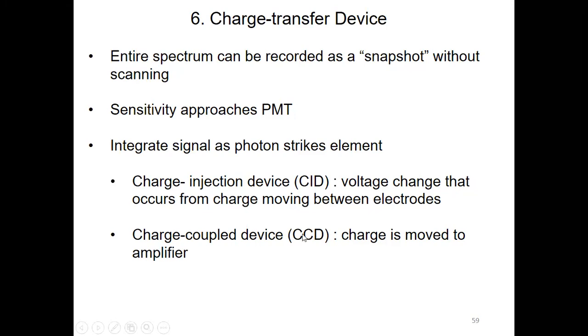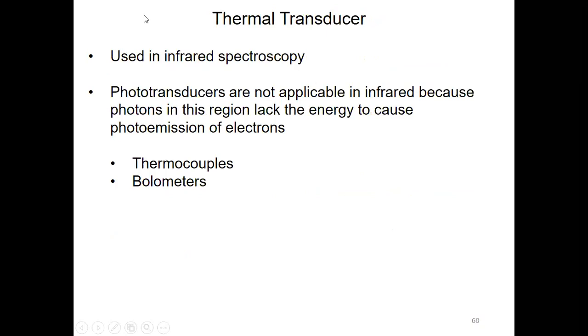And in the charge coupled device, the charge is moved to an amplifier. There is an amplifier and the charge is moving. I am not going to discuss these detectors in detail, but what you can keep in mind is that there are two types of charge transfer devices, CCD and CID. Okay, so those are the photon transducers.